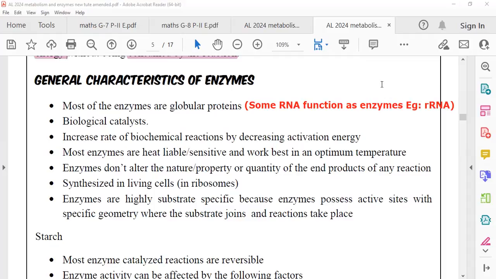If those two properties are there, it is an enzyme, correct? So why do they say most enzymes are globular proteins? It means not only proteins, some RNA molecules also function as enzymes. Clear? Complete it.